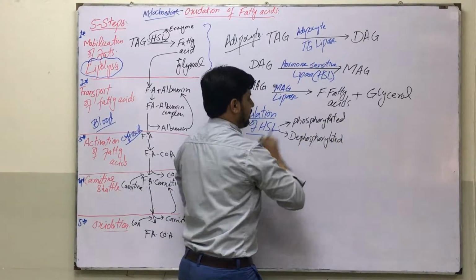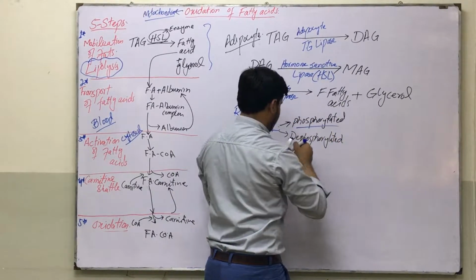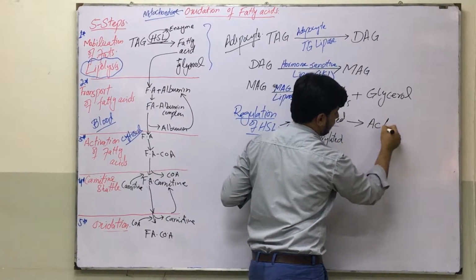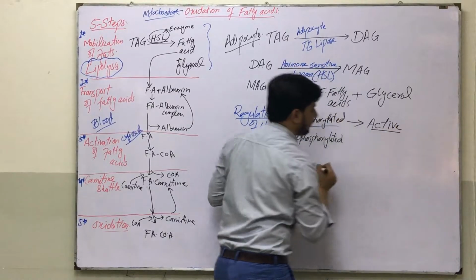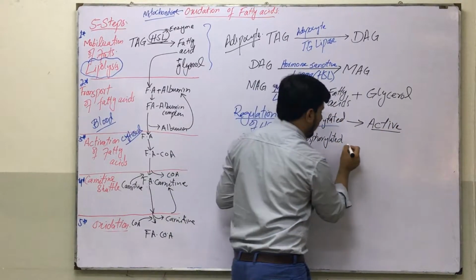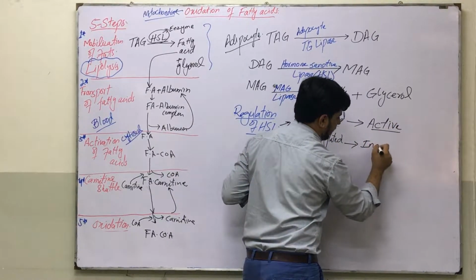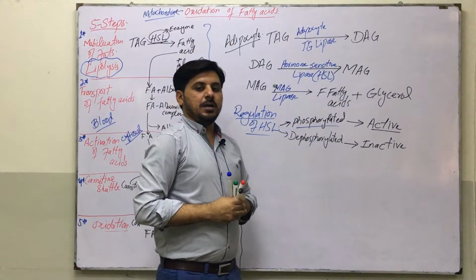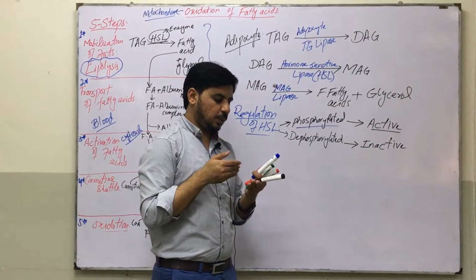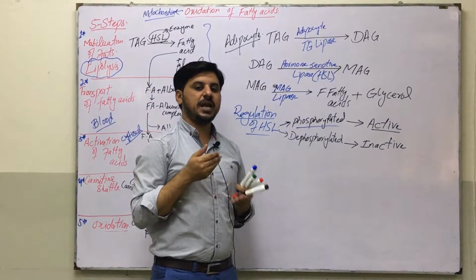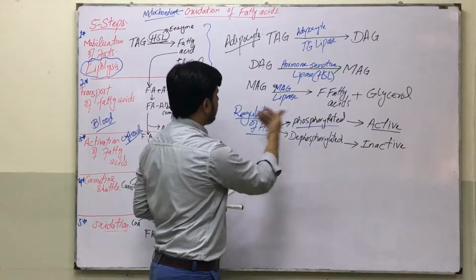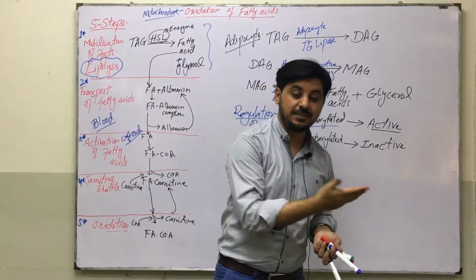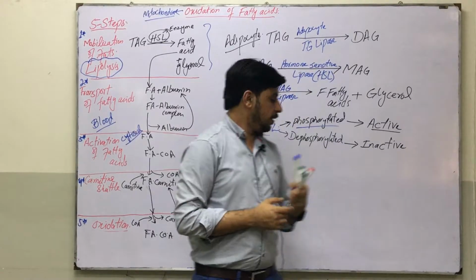Whenever this enzyme is in the phosphorylated form, it is active, and whenever it is in the dephosphorylated form, it is inactive. The question is, what kind of hormones are involved in the activation of this enzyme and inactivation of this enzyme?